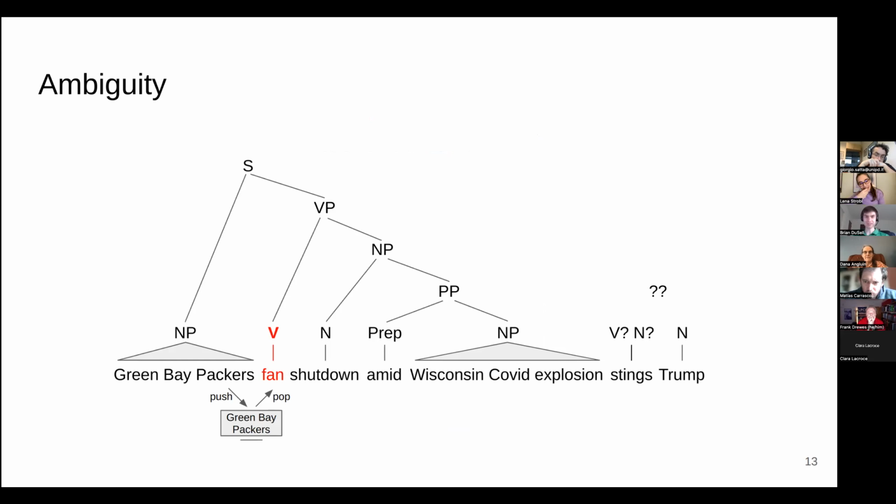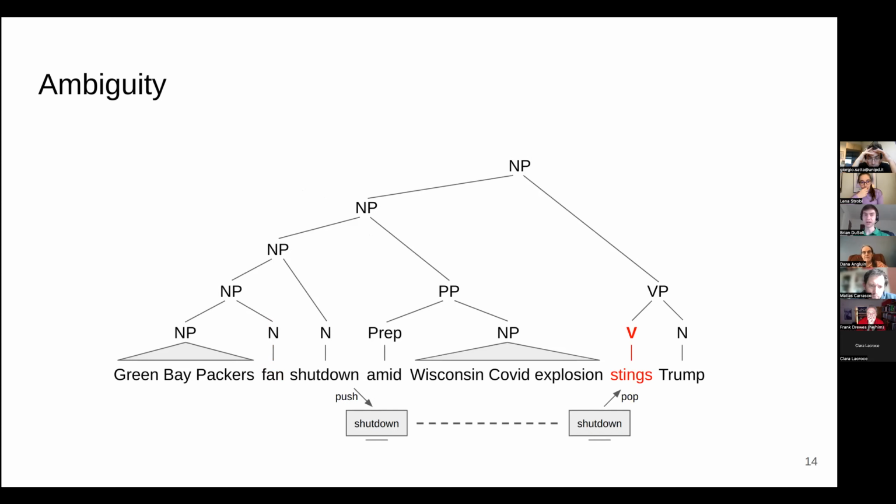The subject is Green Bay Packers, and we push it to the stack to match it with its verb later, and we immediately see the verb fan, so we pop the stack. Then the object of the verb fan is this phrase, shut down amid Wisconsin COVID explosion. All right, so we have our object, but then we reach the word stings and we don't know what to do with it. It doesn't make grammatical sense. It seems like a verb, but the stack is empty, so we don't have a subject to go with it.